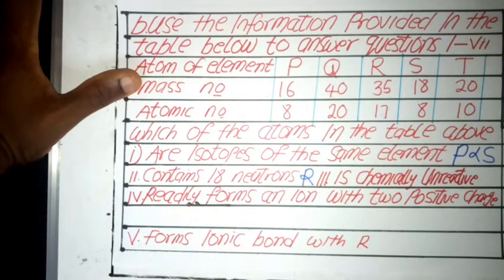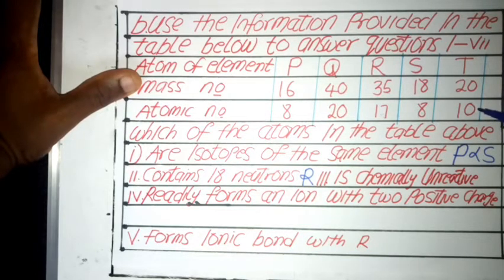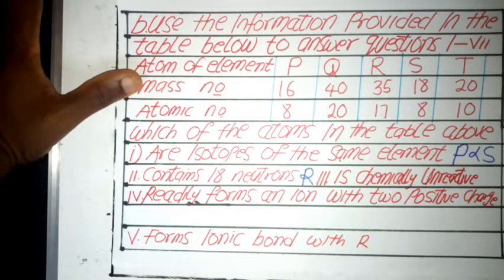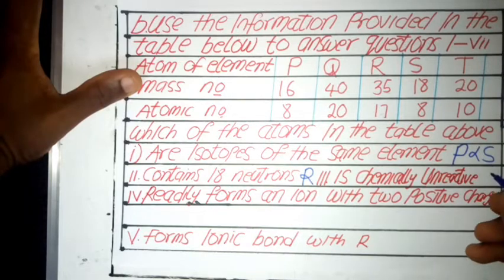That is T, 10. 10 is neon in the periodic table. So 10 is neon. Neon is in group 8 or group 0. So they are chemically unreactive. That's what they are called, noble gases or inert gases. So the answer would be T. So I'm going to put T.